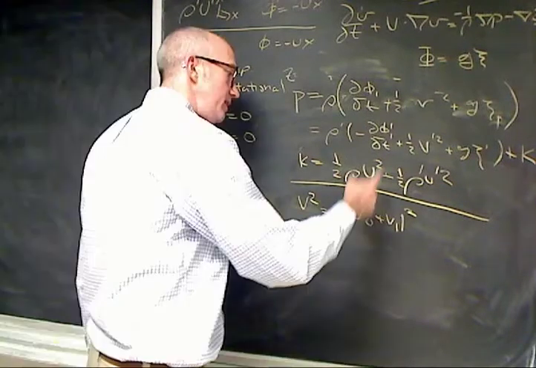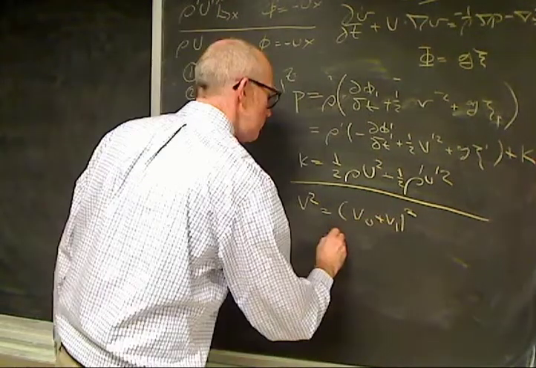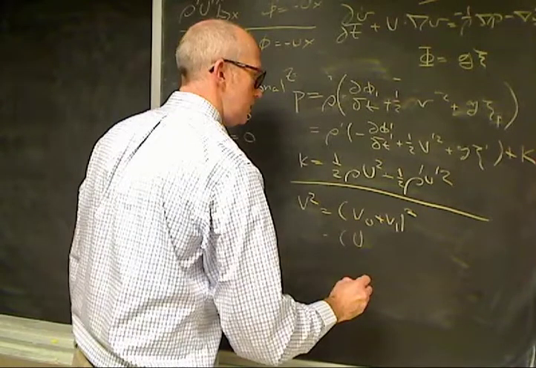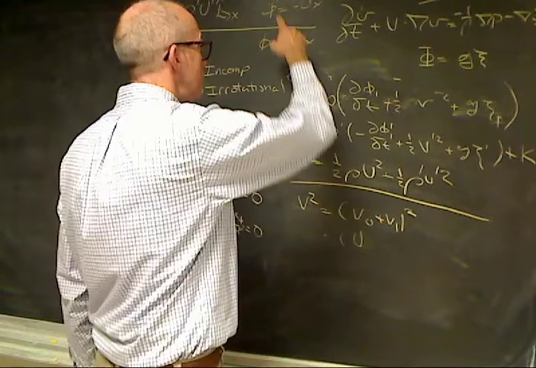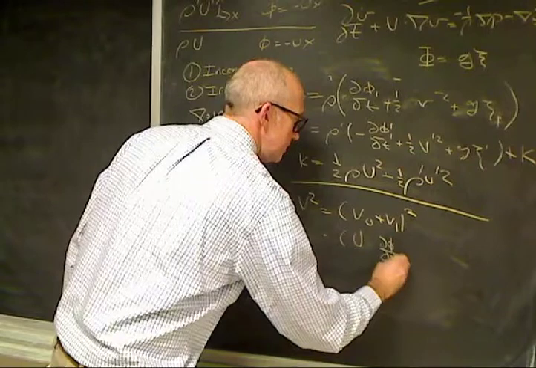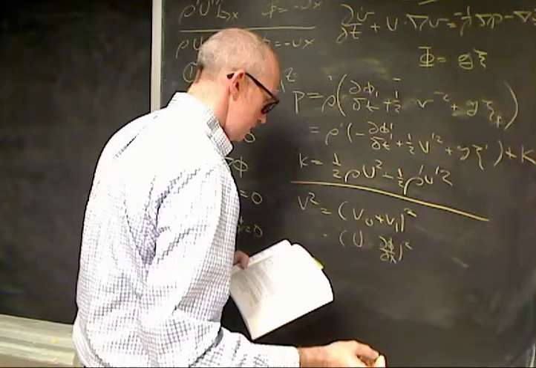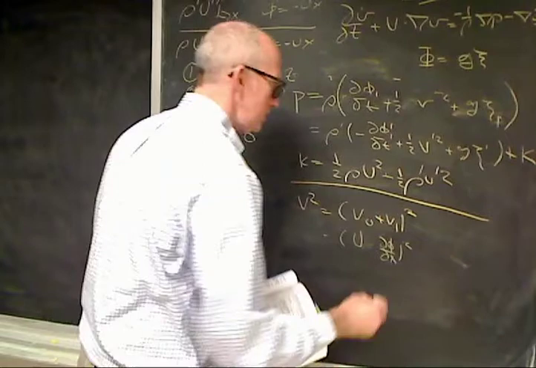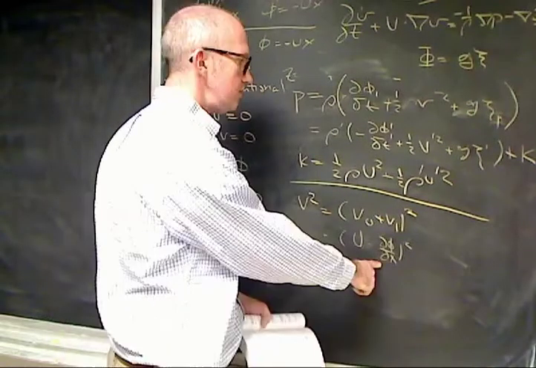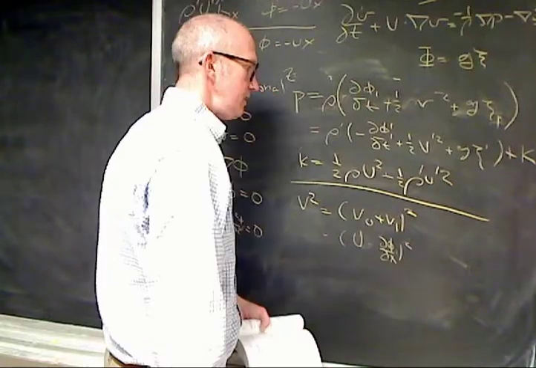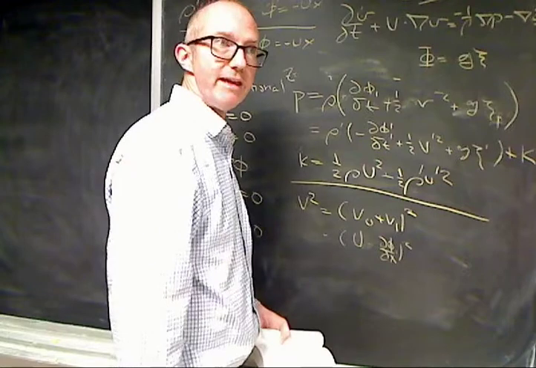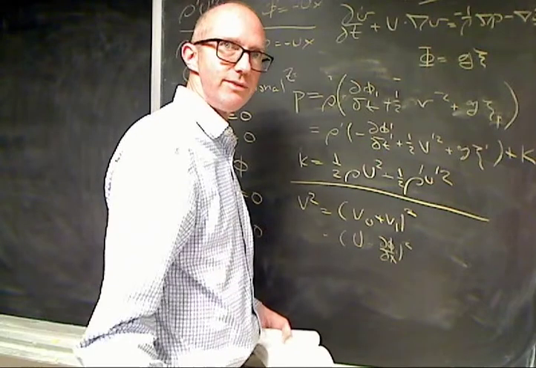If we expand in v naught and v1 the way we've been dealing with it, this is equal to u, the background velocity, minus d phi dx, squared. Now if I expand this out, this is a headache because it's got stuff in squares. It's got the thing that I'm looking for. D phi 1 dx is the thing that I'm trying to solve for, and it's squared now. So what do we do? We get rid of the squared part.